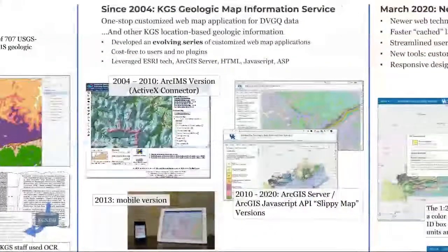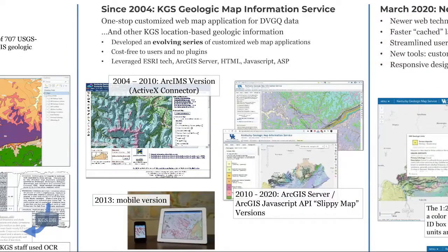So in 2004, even before we completed statewide digitizing, we started developing a web application for disseminating this data to the public. At this time, web maps were just taking off, and we got into the game by using Esri's ArcGIS ActiveX connector, which allowed us to create a customized map service using HTML, JavaScript, and ASP with no plugins required.